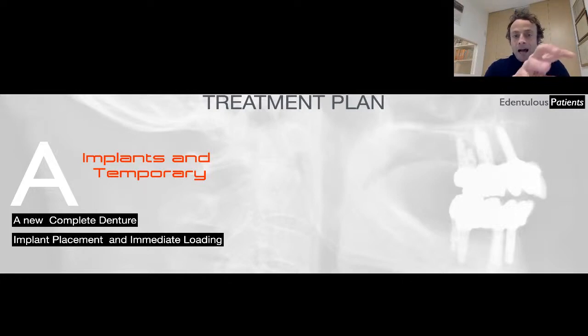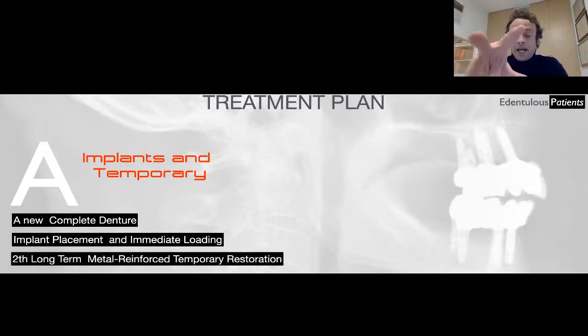And then after the complete healing of the implants, when the implants finally achieve osseointegration, we always create a new prosthesis, metal reinforced, finalized with composite or acrylic, and we like to call this procedure a long-term metal reinforced temporary restoration.